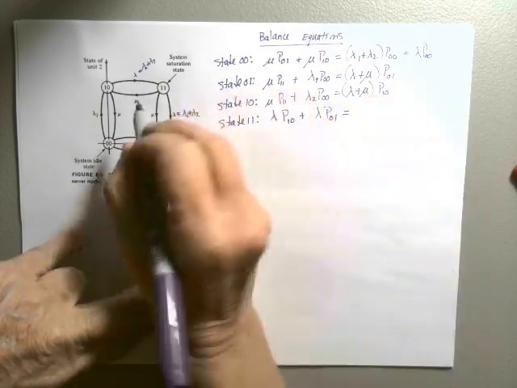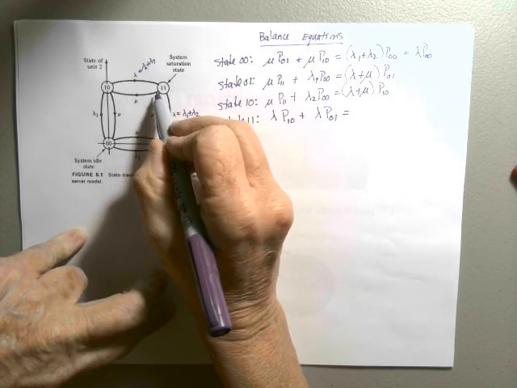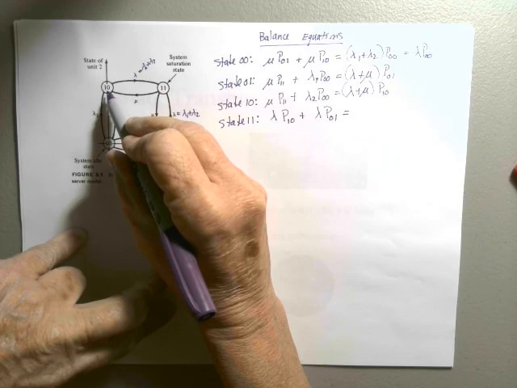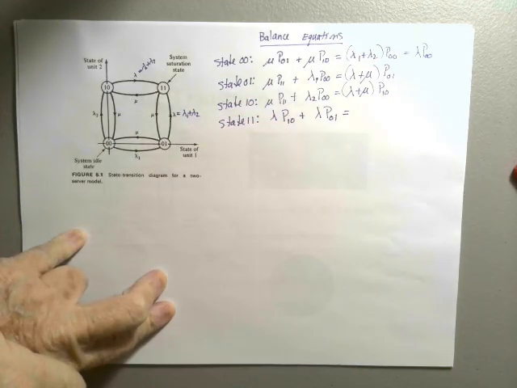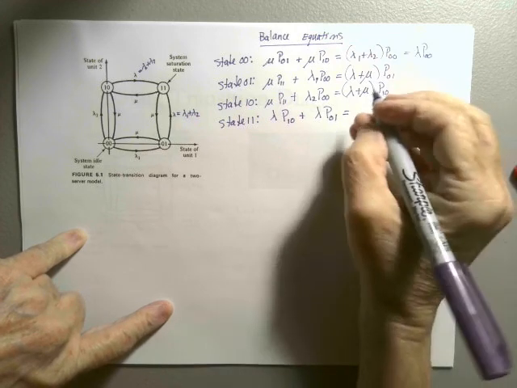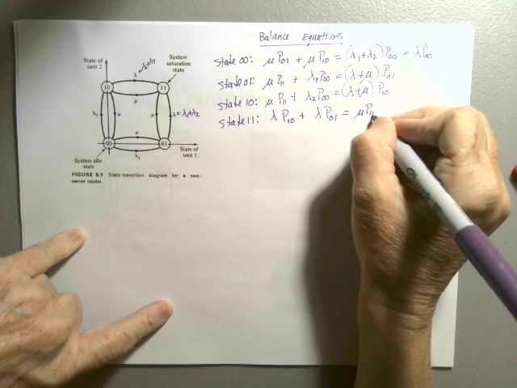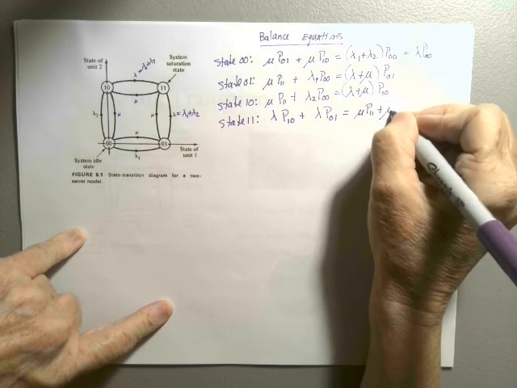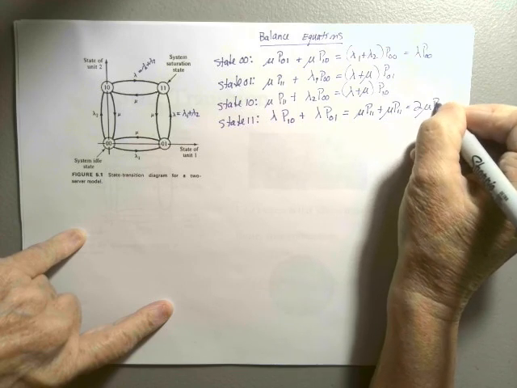And then how do we get out of state 1, 1? Well, we're either going to have a service into state 1, 0 or a service into state 0, 1, and this shouldn't surprise you because it's similar to what we did in chapter 4. We're going to have mu p 1, 1 plus mu p 1, 1, which is 2 mu p 1, 1.